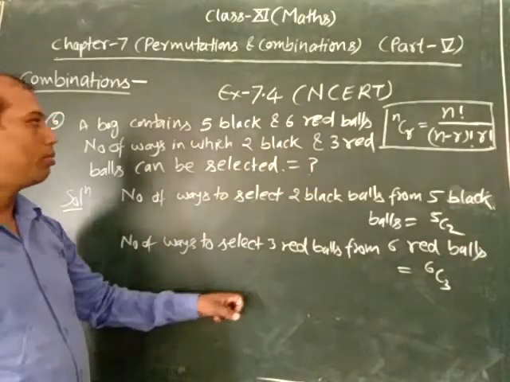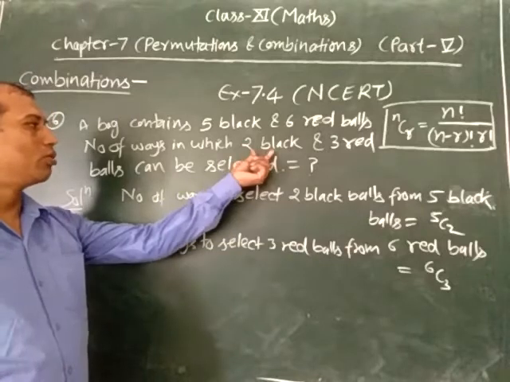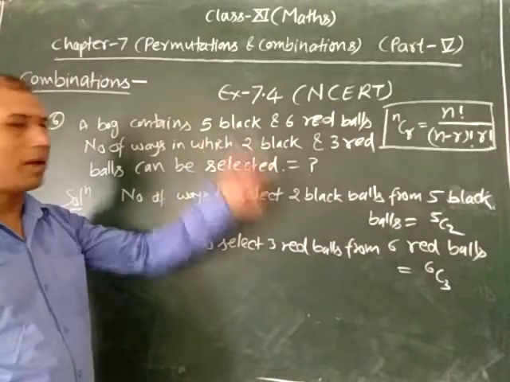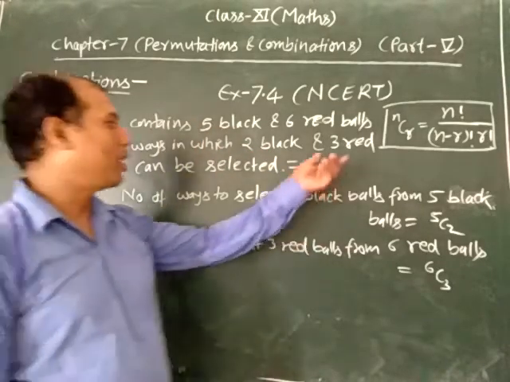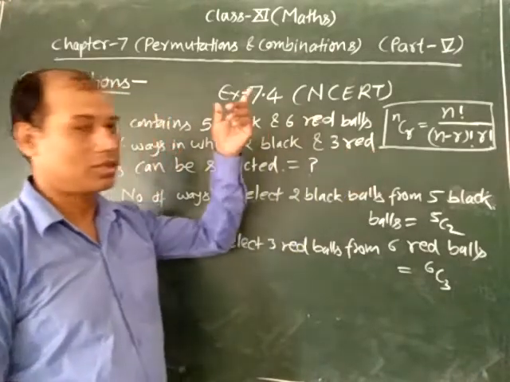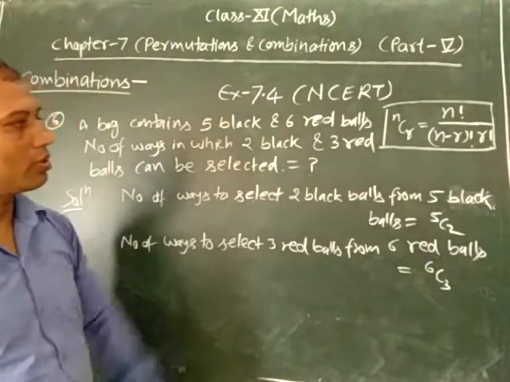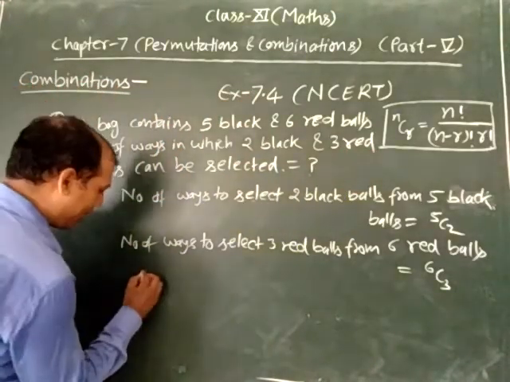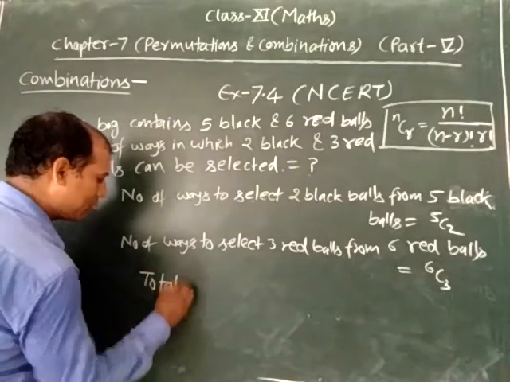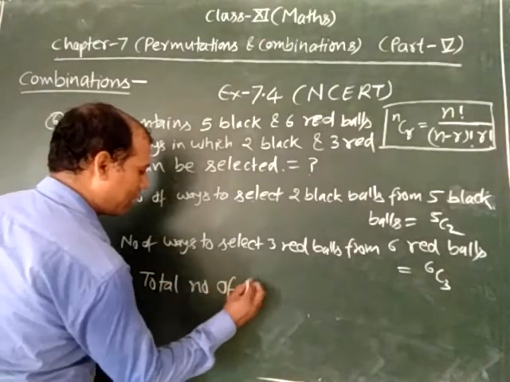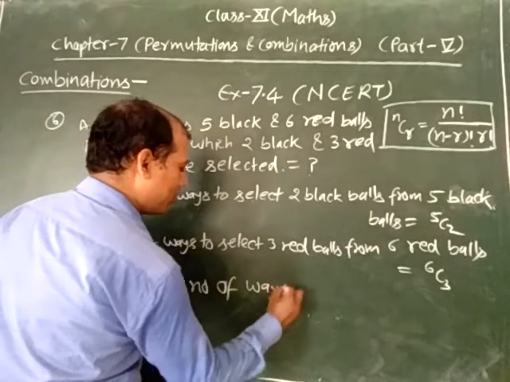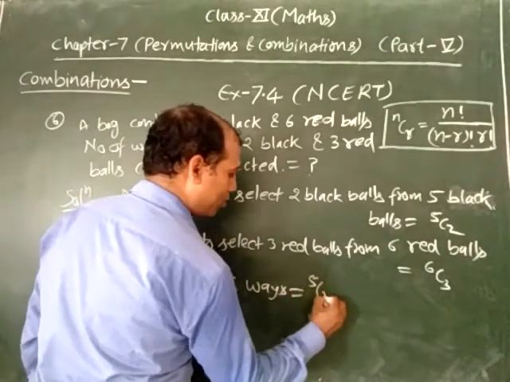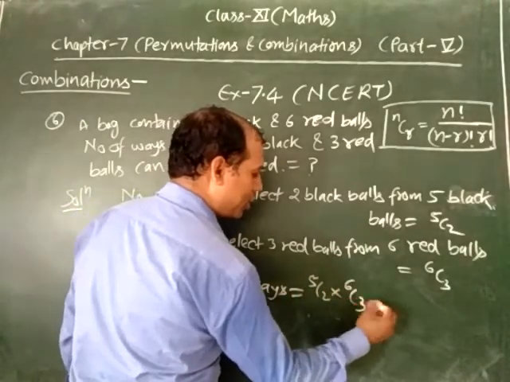Now in this selection, first we have to select 2 black balls from 5, and after that we have to select 3 red balls out of 6. So by the fundamental principle of counting, we can write the total number of ways is equal to 5C2 into 6C3.